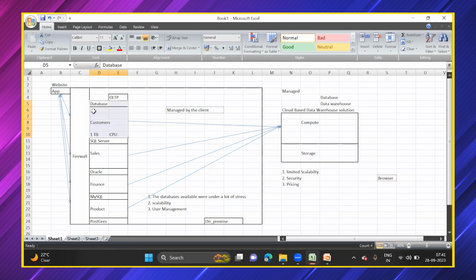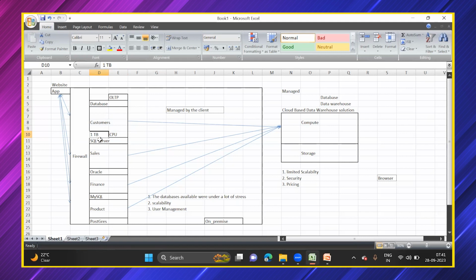And again, if you talk about this on-premise solution, everything is going to be very constrained. We cannot have 10 TB of storage, 20 TB of storage. There is going to be a hardware limitation at some point, because we are going to have a server in our organization which is going to be protected.